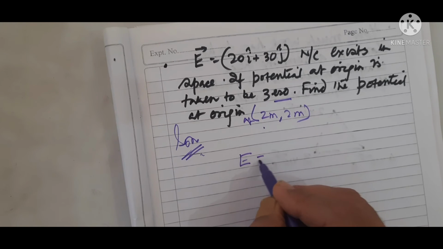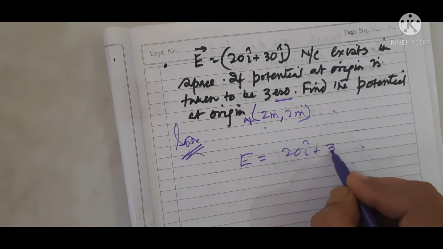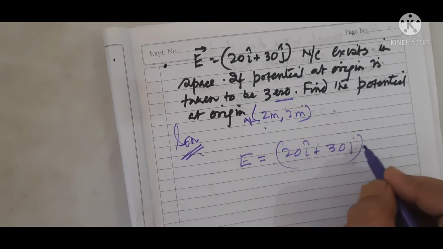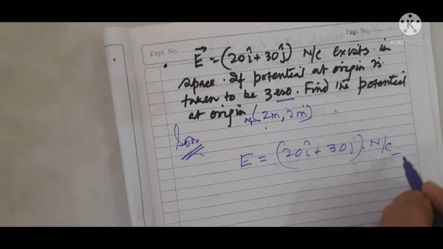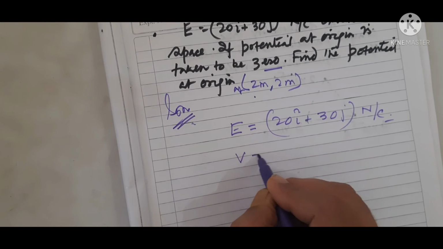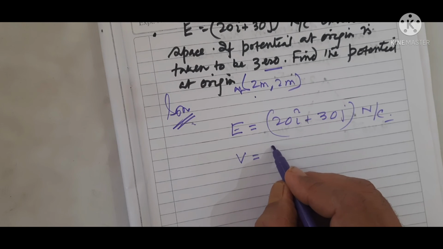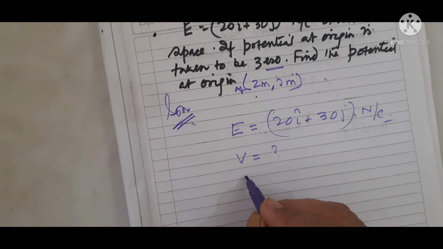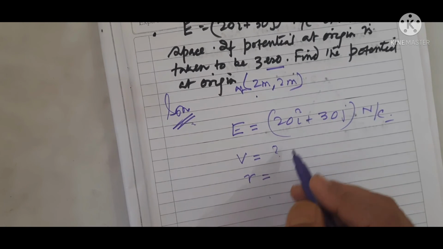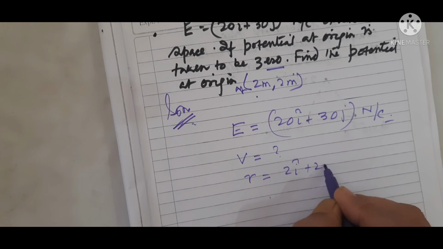How are we going to proceed? Very simple. E = 20i + 30j newton per coulomb, and we have to find it at the particular position r = 2i + 2j.